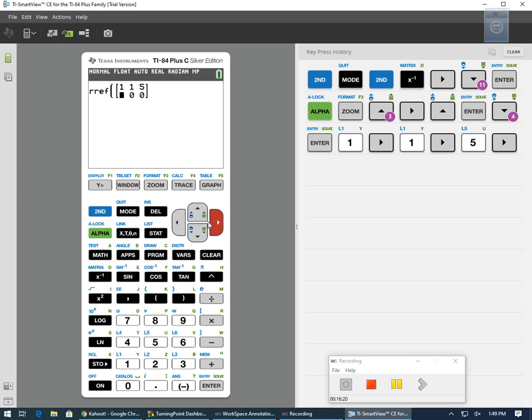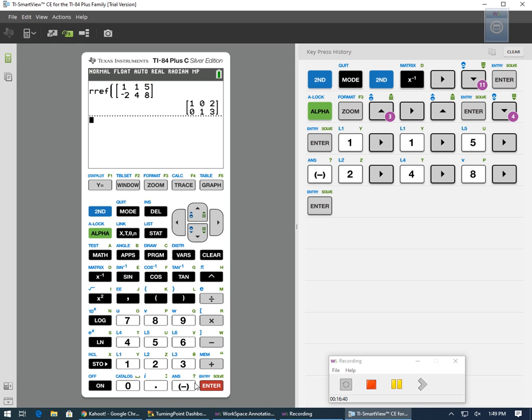Okay, the next row, we are putting in -2, second one was a 4, yep, and then you get an 8. Okay, and I'm going to hit Enter. We get 1 0 2, 0 1 3. So tell me, what does X equal? What does Y equal? Beautiful.